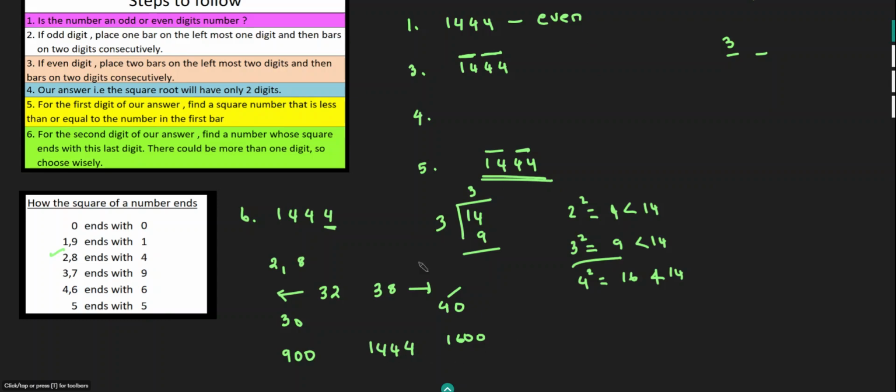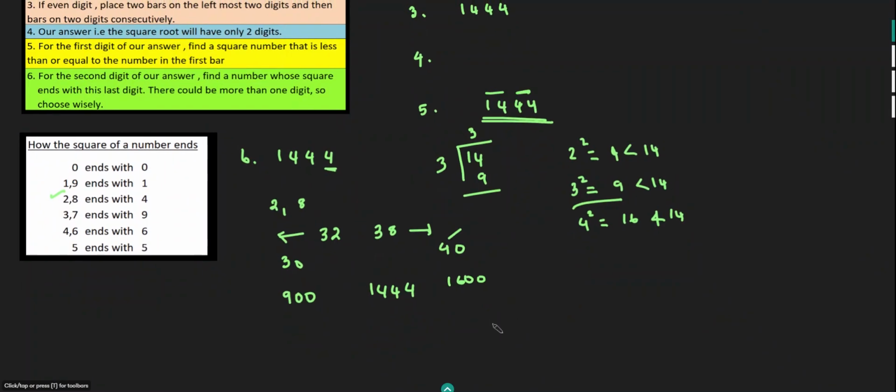1444, and we have to find the difference. So let's find the difference from these two numbers. The difference of 900 with 1444 is 544, and the difference of 1444 from 1600 is 156.